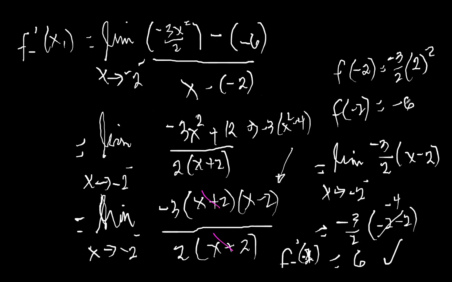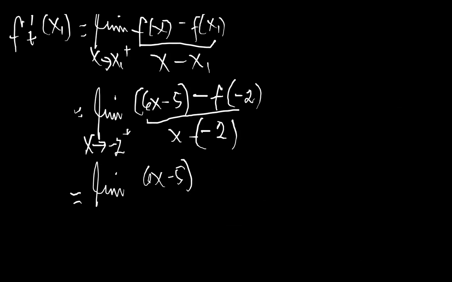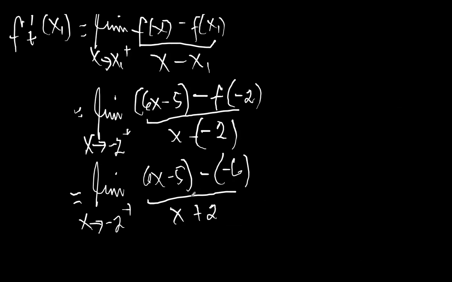We solved that earlier, it's -6. So 6x minus 5 minus -6, all over x plus 2, as x approaches -2 from the right, correct? So let's simplify again. So this one is 6x plus 1 over x plus 2.